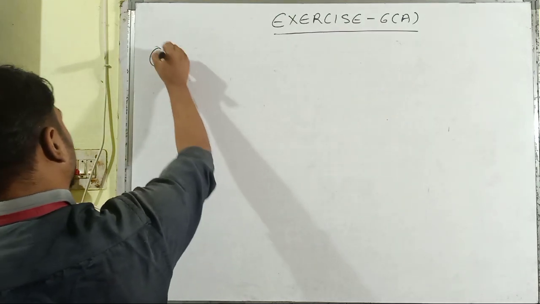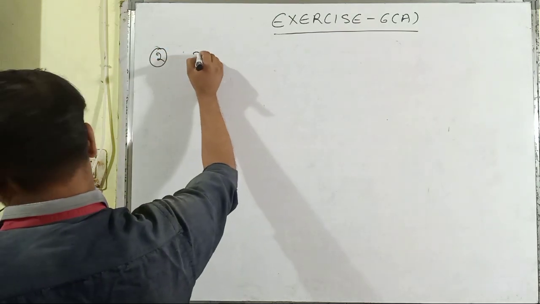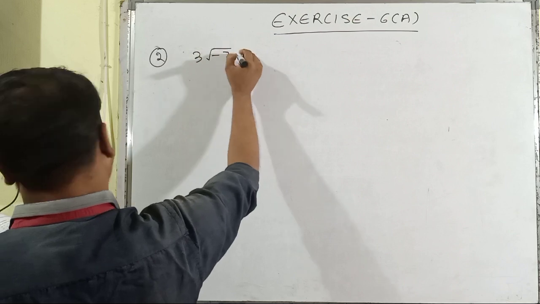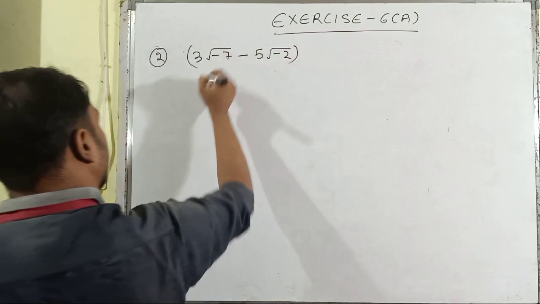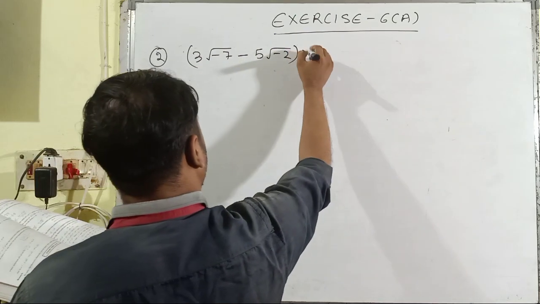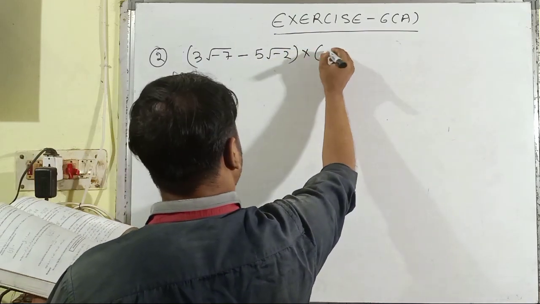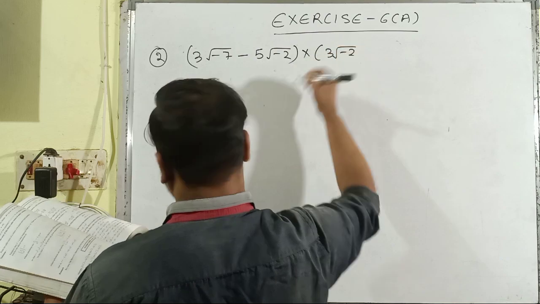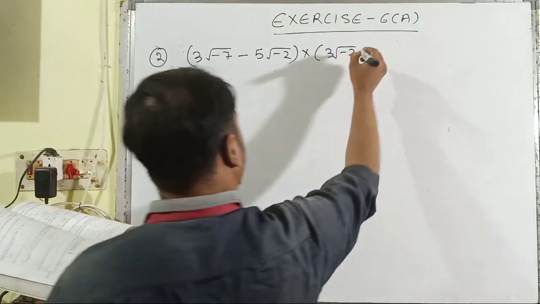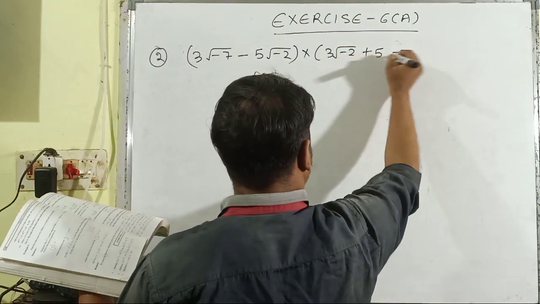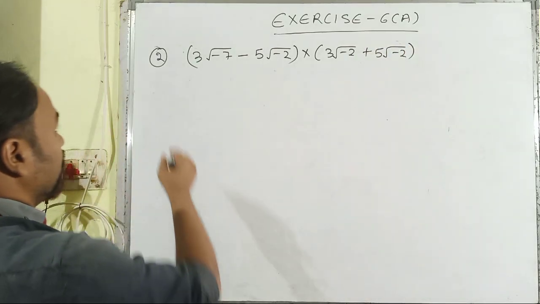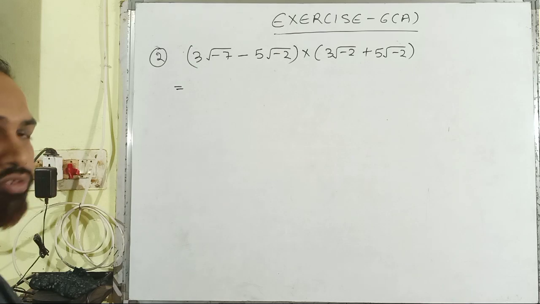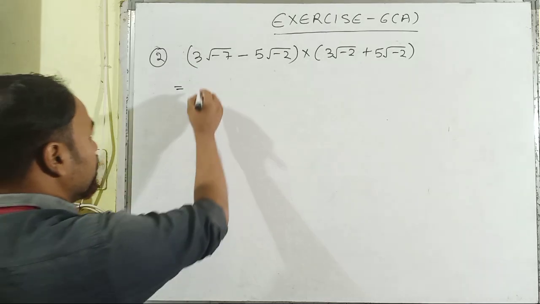Again, it is a multiplication: 3 square root of minus 7 minus 5 square root of minus 2 multiplied with 3 square root of minus 2 plus 5 square root of minus 2. First of all, let us convert these terms into the imaginary unit form.